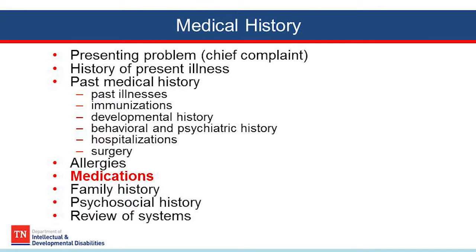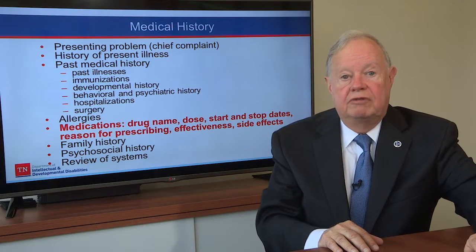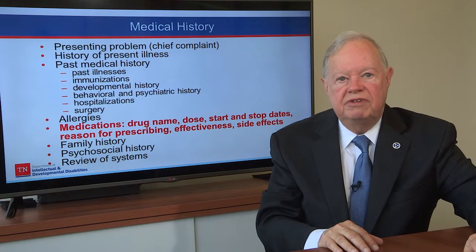Medications, clearly there are huge issues with medications in people with intellectual disabilities, and the kind of information we need is listed here. The more detail, the better. Time, the person was tried on a medication that wasn't effective. That's helpful. I'm not going to try something if I've got a good history that it wasn't effective.